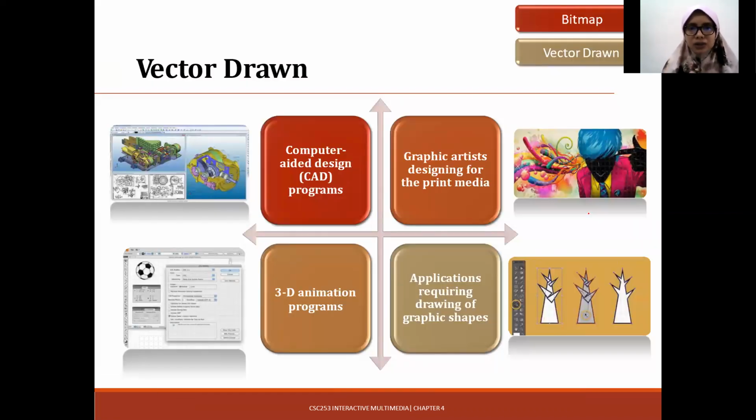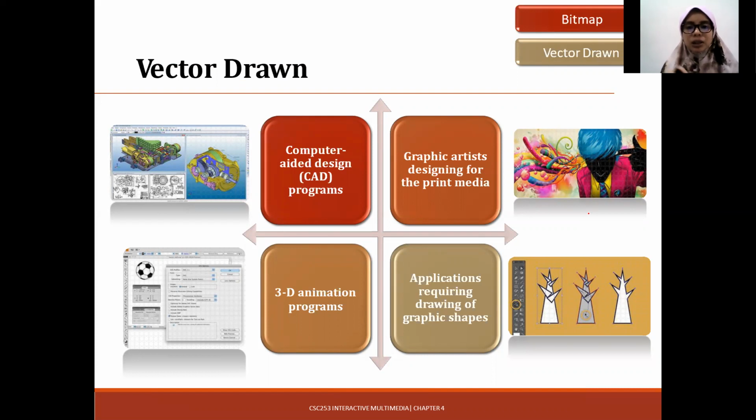The second one is vector drawn format. So, been used in CAD programs. So mechanical students usually use this one. Okay, CAD programs, graphic artists designing for the print media. Okay, they want to do printing, so they use vector drawn. 3D animation program.